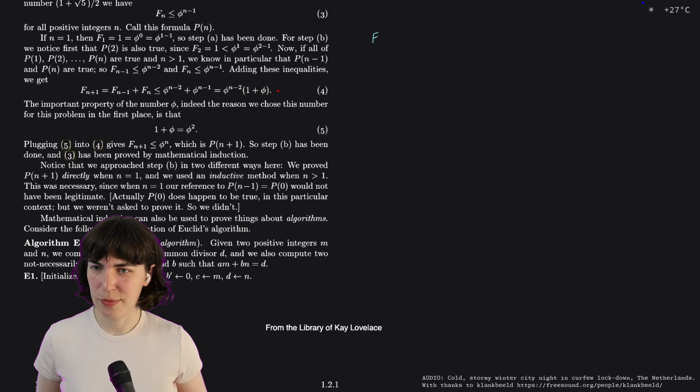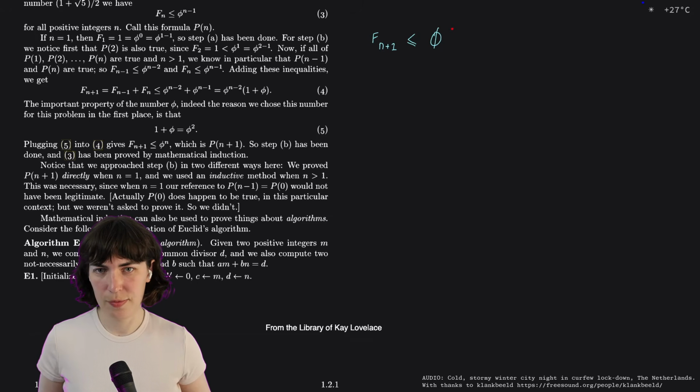Probably here, right? So fn plus 1 is less than or equal to phi to the power n minus 2 multiplied by 1 plus phi.